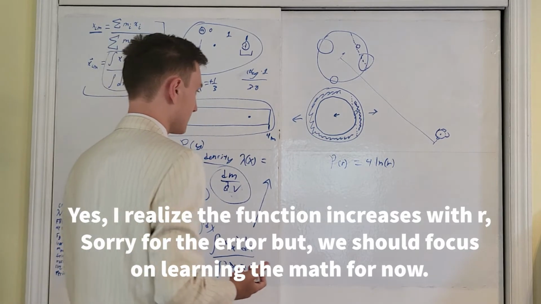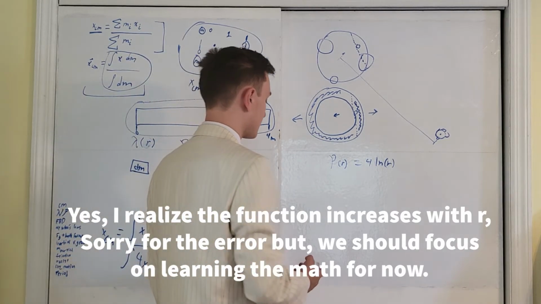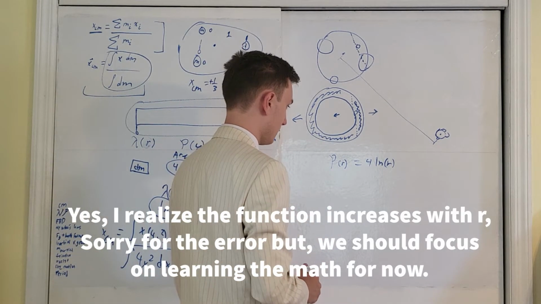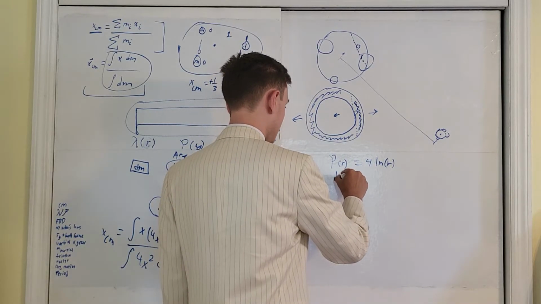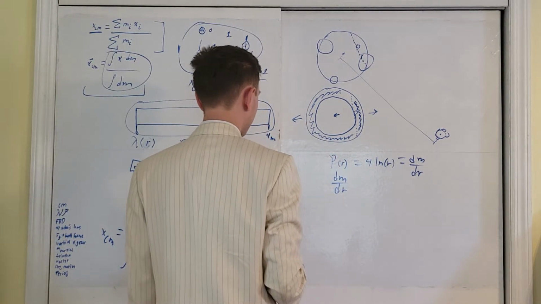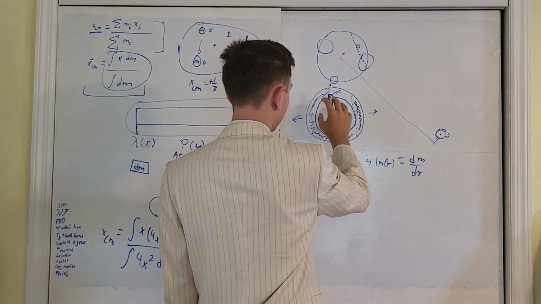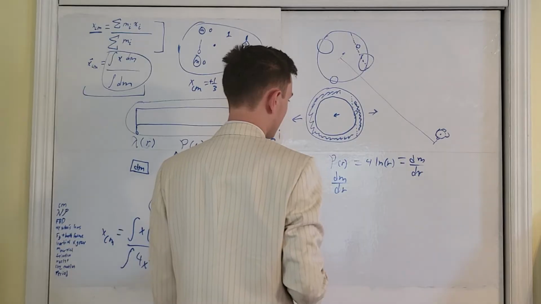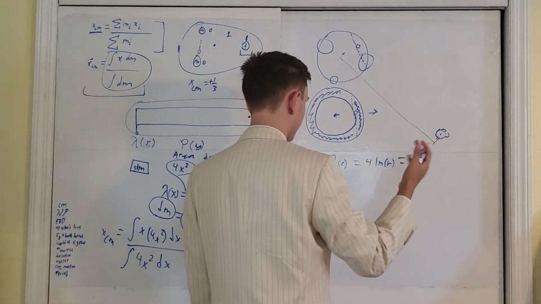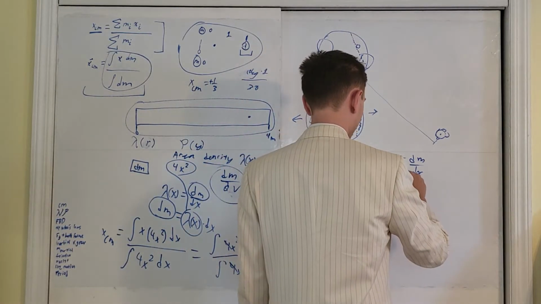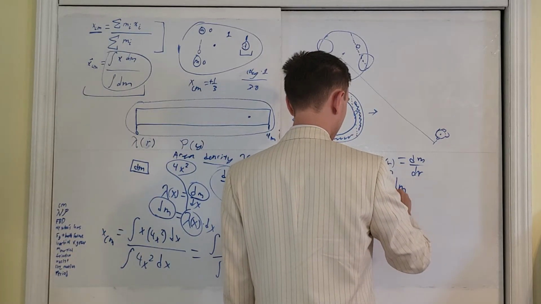And what did we discuss that density is? In this case, since density is a function of r, our density is dm/dr. Again, I am trying to find the total amount of mass in this sphere, the sphere that is just barely touching my object. Virtual sphere, of course. So I need to find the sum of all the mass.